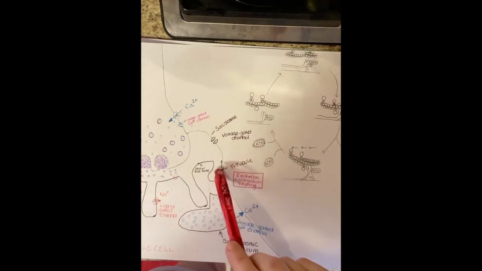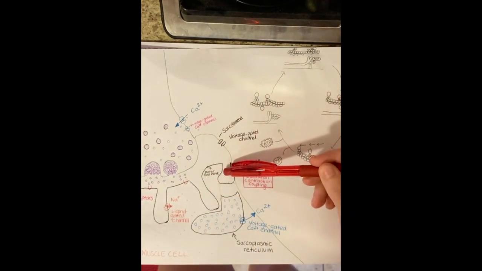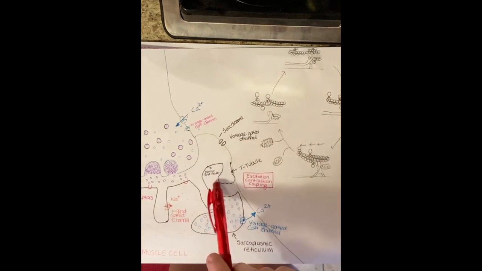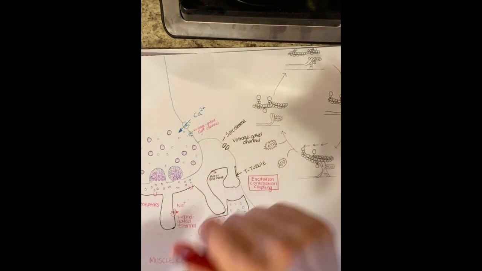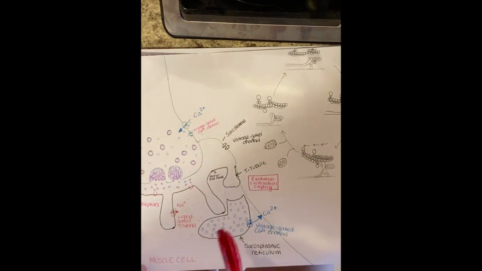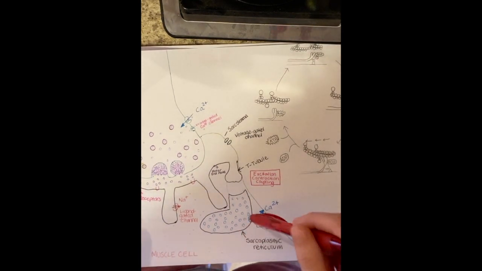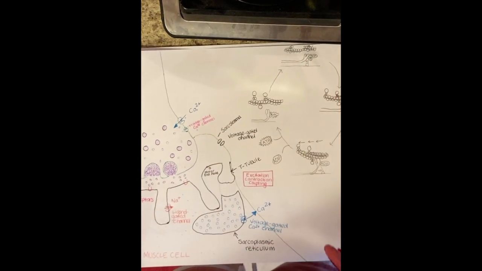Anyways, when the action potential travels down the T-tubule, it depolarizes the membrane, which in effect opens this voltage-gated calcium channel on the sarcoplasmic reticulum to release calcium ions from the sarcoplasmic reticulum into the sarcoplasm.